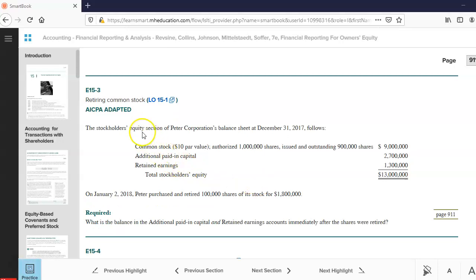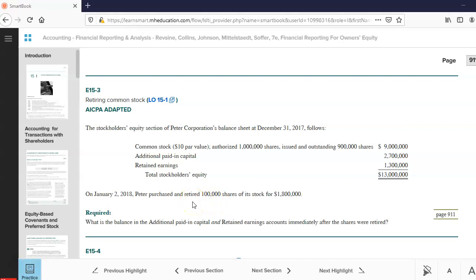Question 3 is the stockholders' equity section of Peter Corp balance sheet. On December 31, common stock $10 par value, authorized 100 million shares, issued and outstanding 900,000 shares, and then additional paid-in capital, retained earnings, and then total equity is $13 million. So that's kind of the situation we're in right now. And then what's different about this problem is that they are going to purchase and retire, and that's the key with this one.